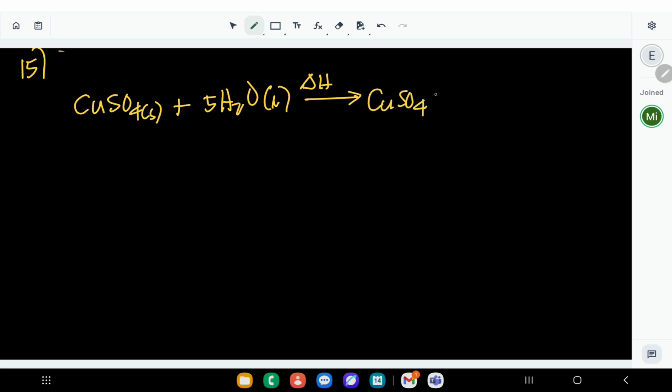The enthalpy change for the conversion of anhydrous copper sulfate to the hydrated copper sulfate can be found using Hess's law. So that is CuSO4 solid plus water, enthalpy of the reaction, CuSO4·5H2O.